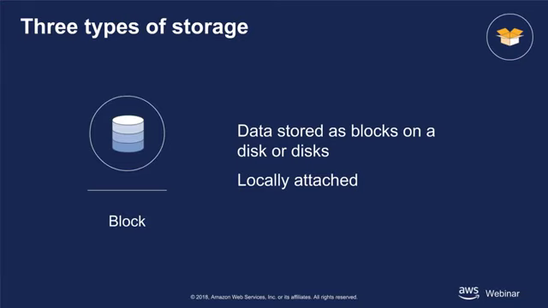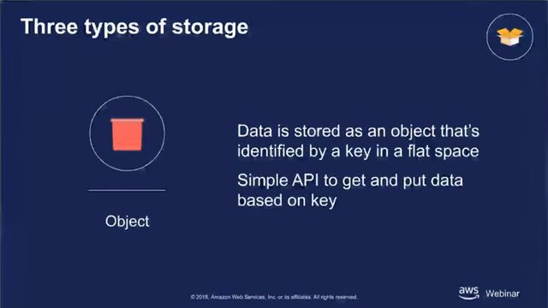Block storage is often referred to as direct attached, and it's locally attached, which is ideal when you need dedicated storage for a single host as opposed to sharing. Object storage is stored in a flat address space and uses a simple API to access the data stored as objects. The key difference compared to file storage is that there are no hierarchical directory structures used to organize and search for data.